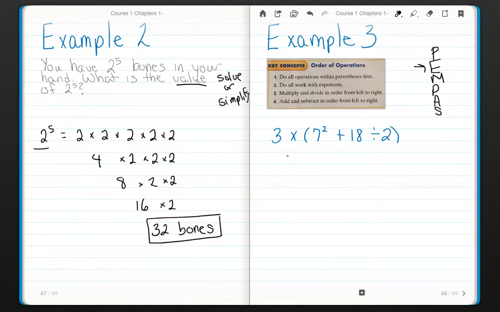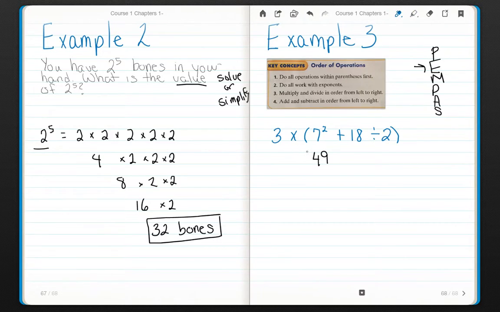So to solve this, I'm going to go back and forth here. The first thing I'm going to solve is 7 squared. Okay, it is in parentheses. I have 7 squared plus 18 divided by 2. This whole thing is in parentheses. Within that, the first thing I do is exponents. So 7 squared is the same as 7 times 7, which is 49.